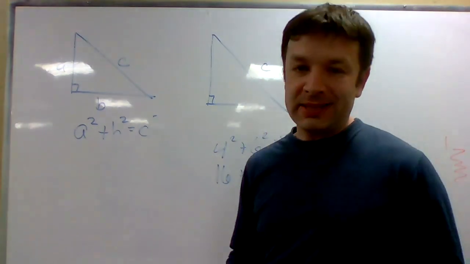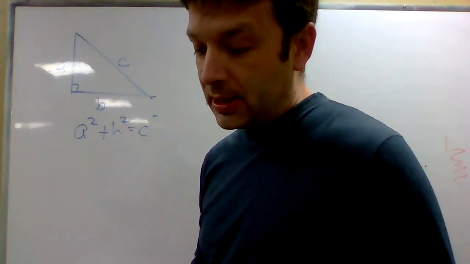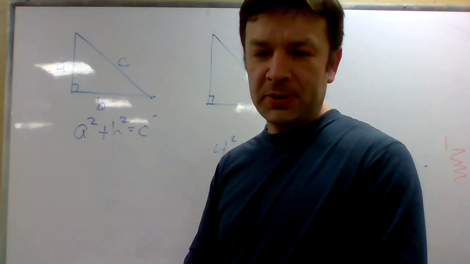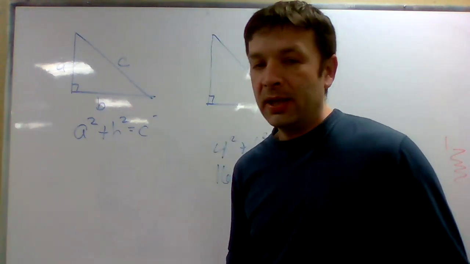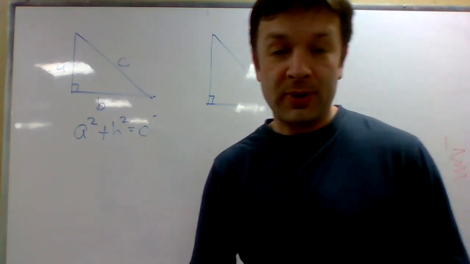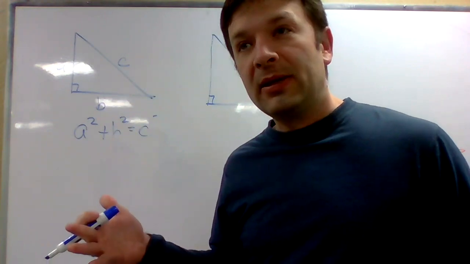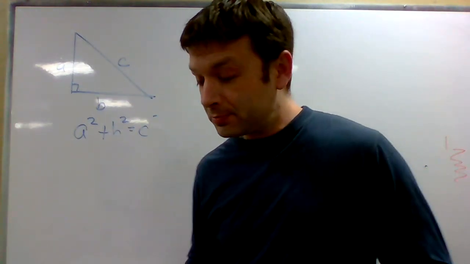13 through 16, exactly the same thing. They just didn't draw a picture for us. So on number 13, it says 10, 8, and 6. They didn't draw a picture, but if there is a hypotenuse, 10 would have to be it because it is the biggest side.